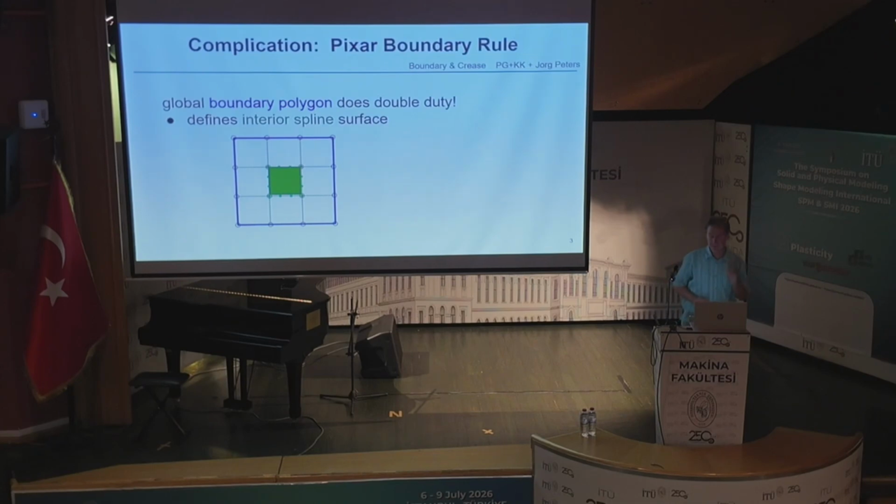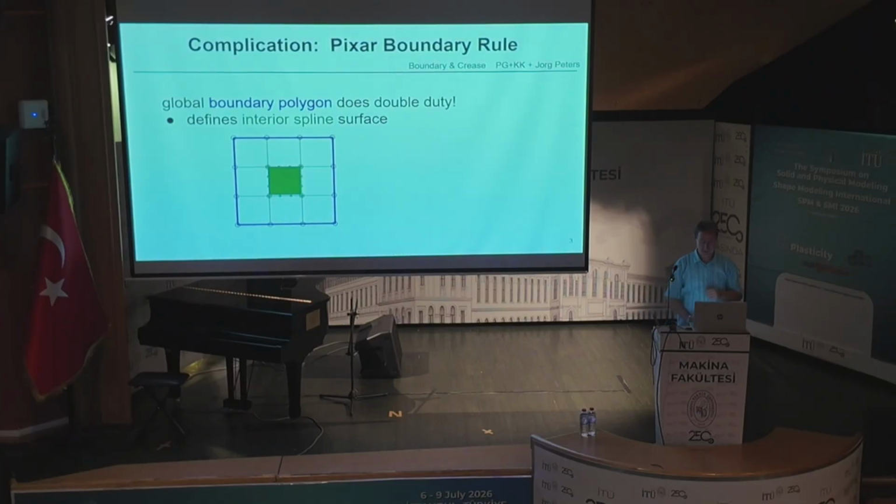Now, there's one thing with the Pixar boundary rules that is unfortunate, but it's the rule. There's something called the global boundary polygon, and I've chosen here a mesh that's really small, 4 by 4. Now, think of it as being much larger, but it has a global boundary, and it has a corresponding global boundary polygon.